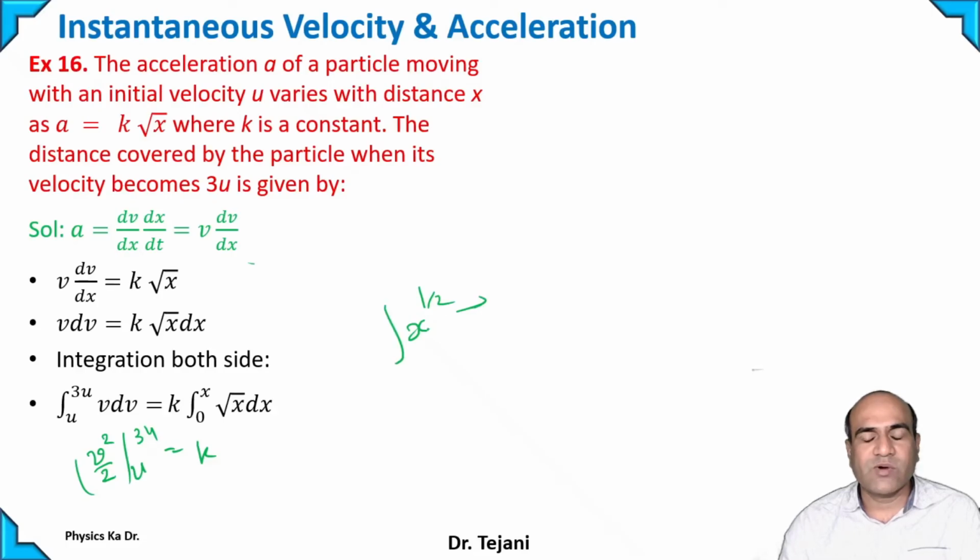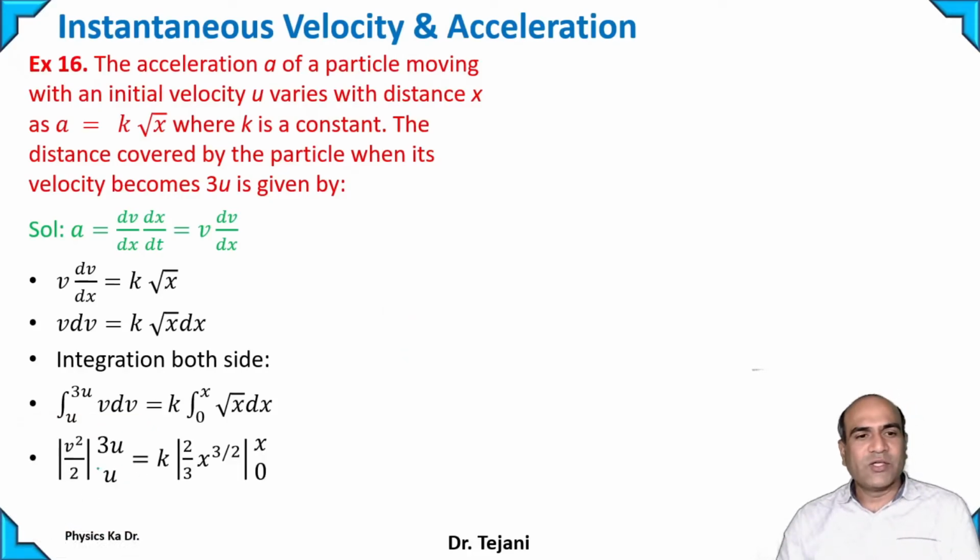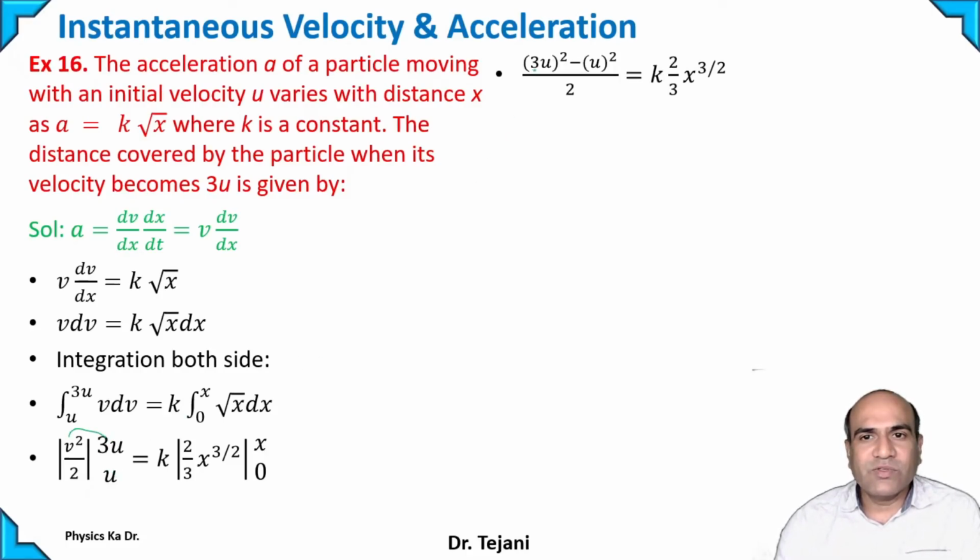So the integration of x power 1 half becomes x power 3 by 2 divided by 3 by 2. We already did this part. Put the values of v as 3u and u. So you can say 3u squared minus u squared, 1 becomes here, is equal to k 2 by 3 x power 3 by 2.